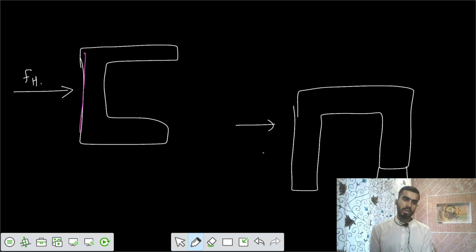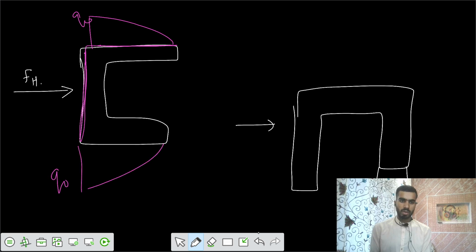Now the shear flow for the actual horizontal would be in the form of parabolic. So there is some Q naught, and similarly from the bottom, there is some Q naught.